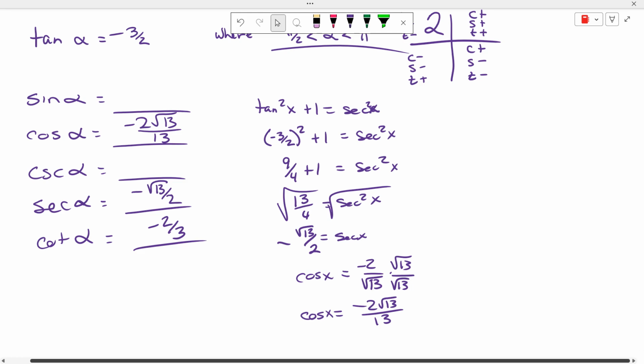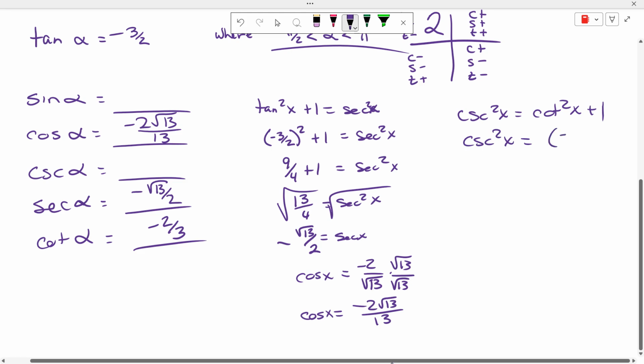All right. So cotangent is the nicest looking thing here, right? Other ones are kind of crazy with square roots and that. So I might as well use cotangent. What Pythagorean identity goes to cotangent? Cosecant. Cosecant squared of x equals cotangent squared of x plus 1. Cosecant squared of x equals negative 2/3 squared plus 1.